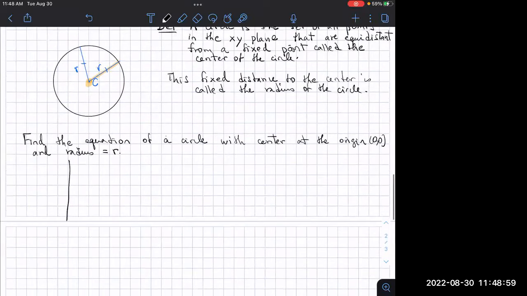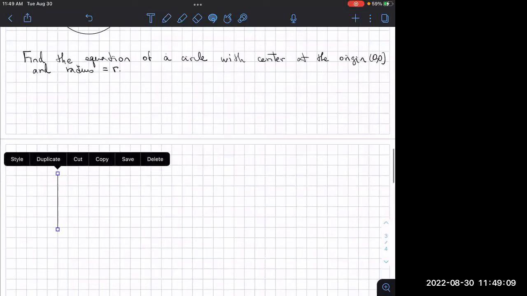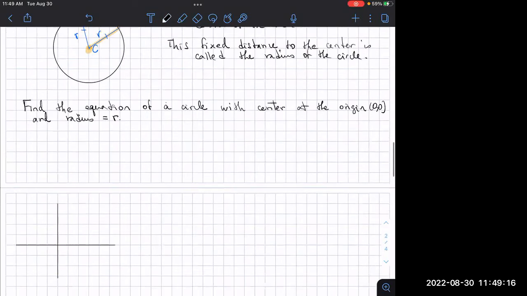So we're looking at, okay, maybe it's getting too crowded here. So we have a circle, x, y axis, and my center is the origin, and then we have radius r.